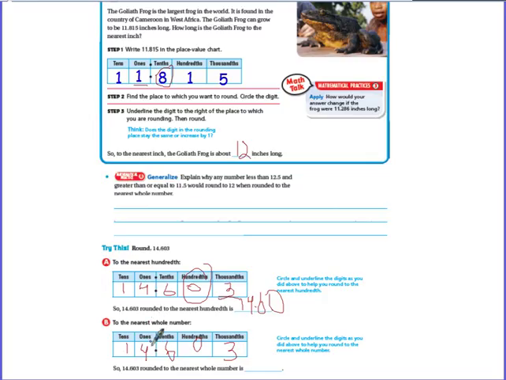The nearest whole number. So check to see if you got the same answer as I did.